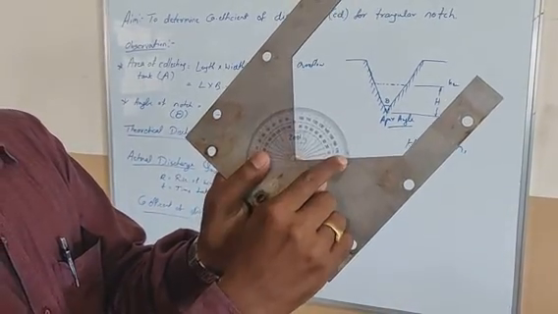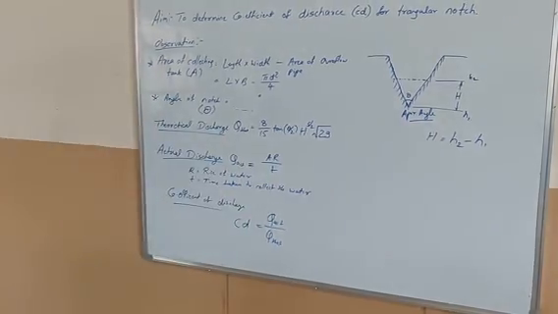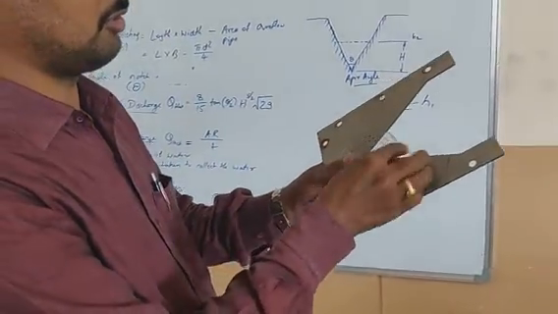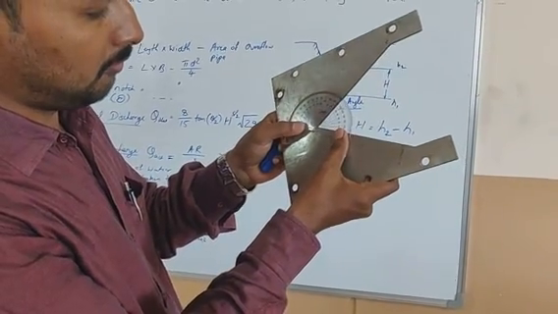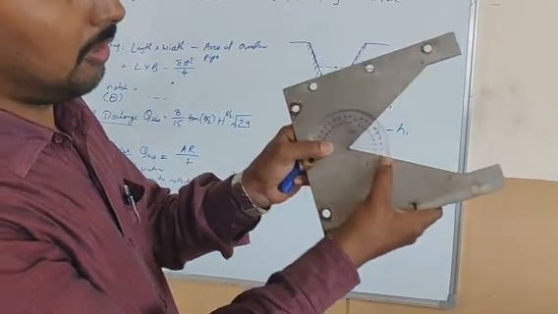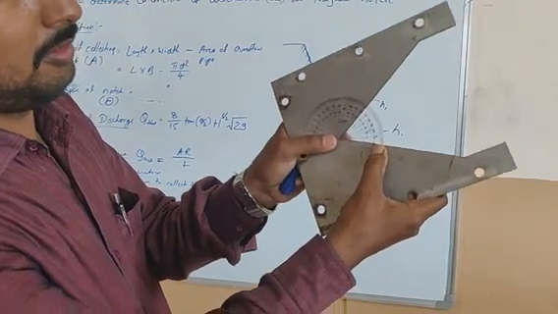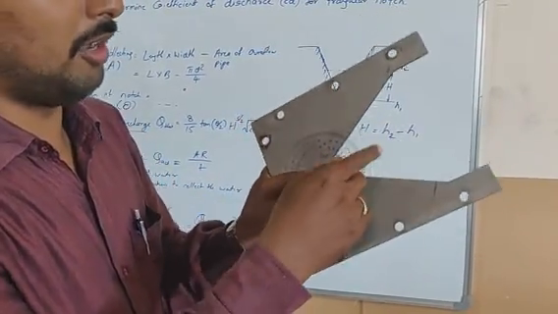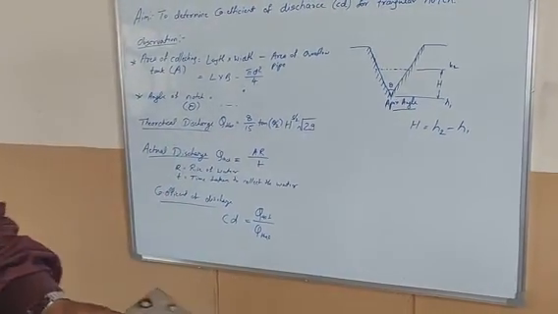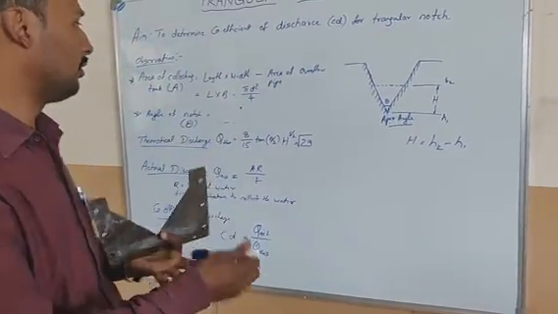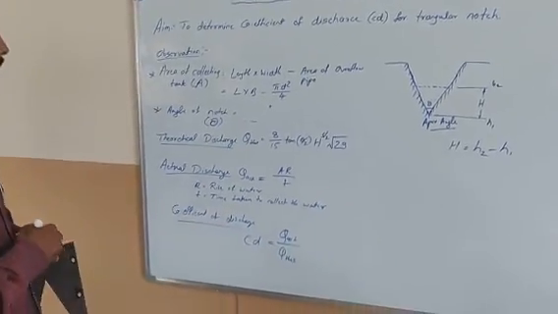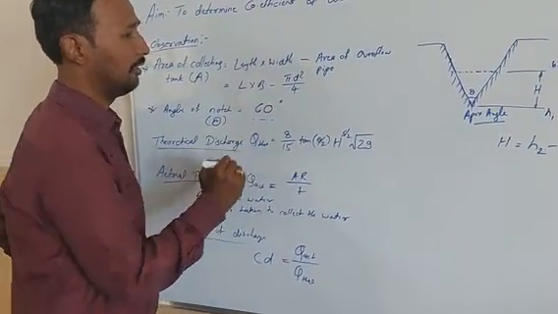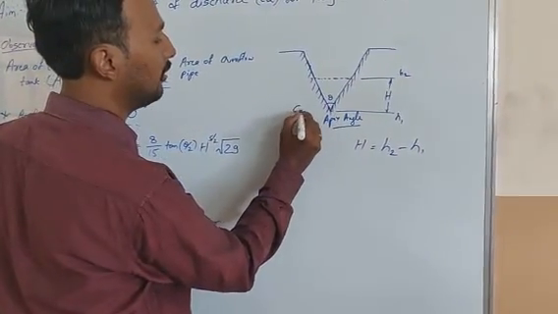This is a 90-degree notch, and then we have a 60-degree notch. Now I am doing the experiment with the 60-degree notch. So theta is 60 degrees. The angle of this notch is 60 degrees.